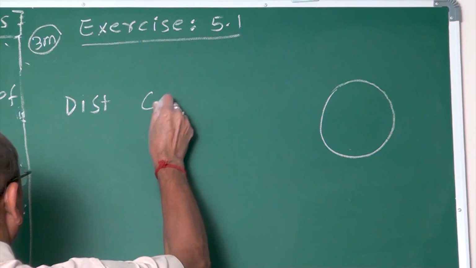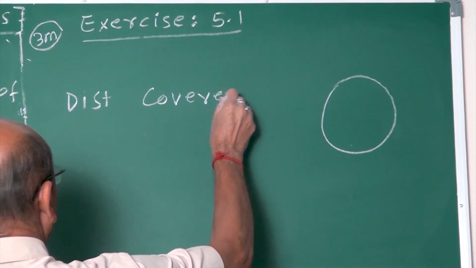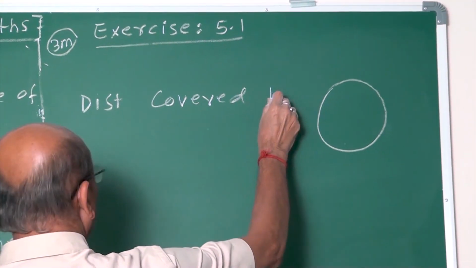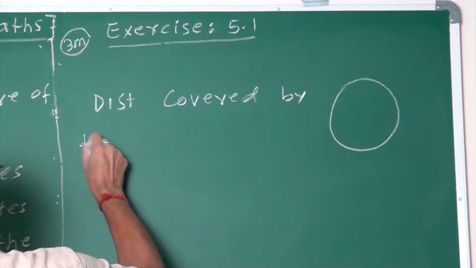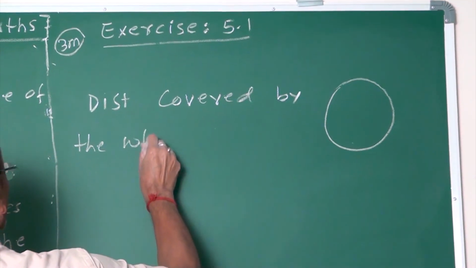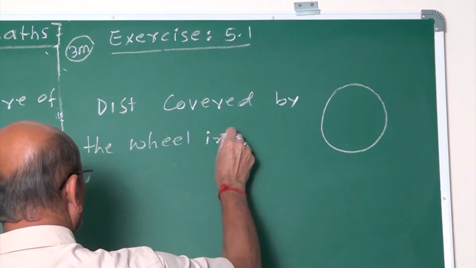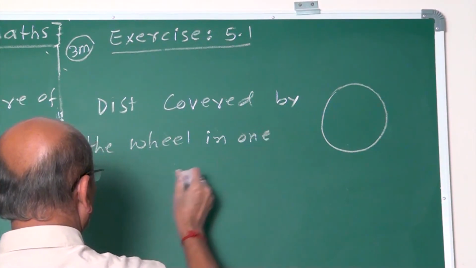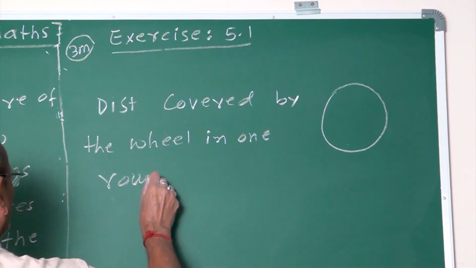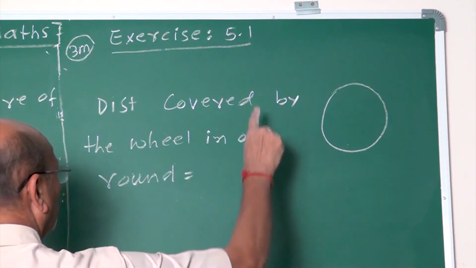Distance covered by the wheel in one round. Tell me, my friend, one round means what?